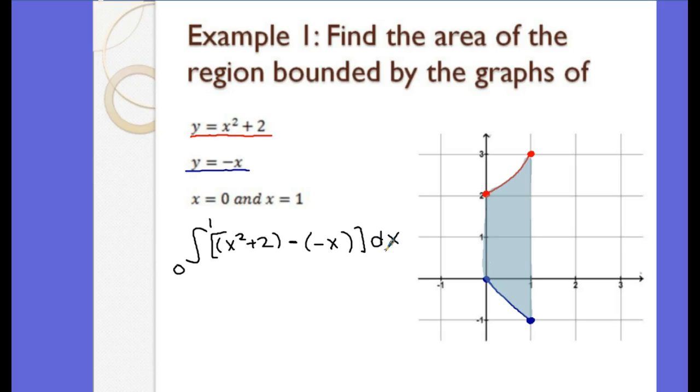So clean it up. You have x squared plus 2 minus a minus, so that's a positive. So now we're integrating from 0 to 1, x squared plus x plus 2. And now it's just a basic power rule problem.